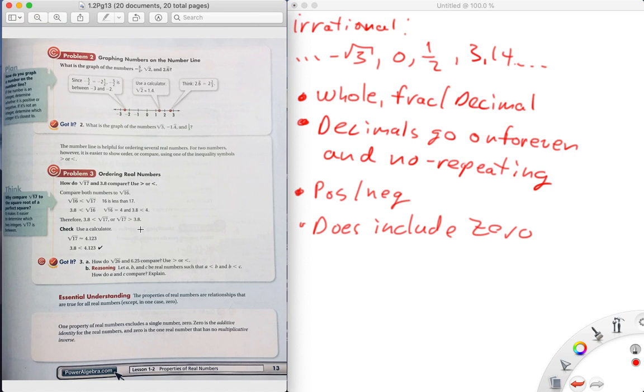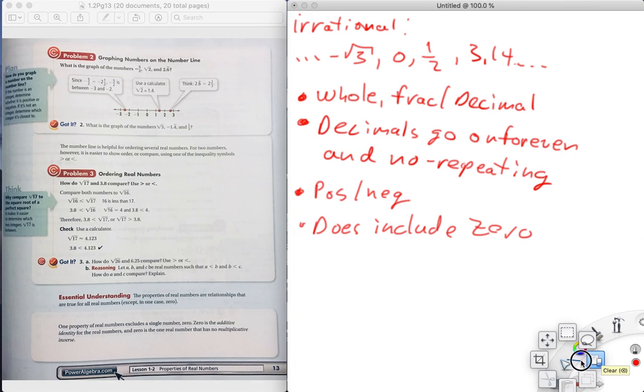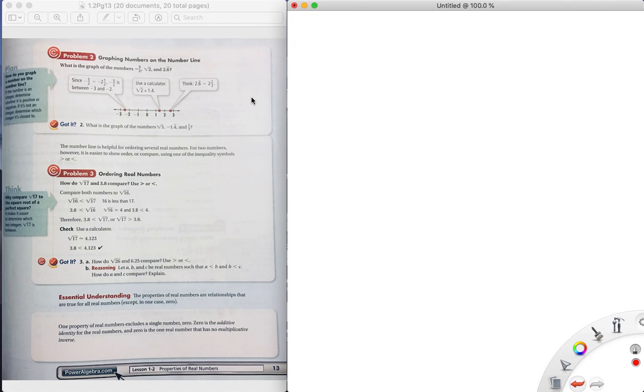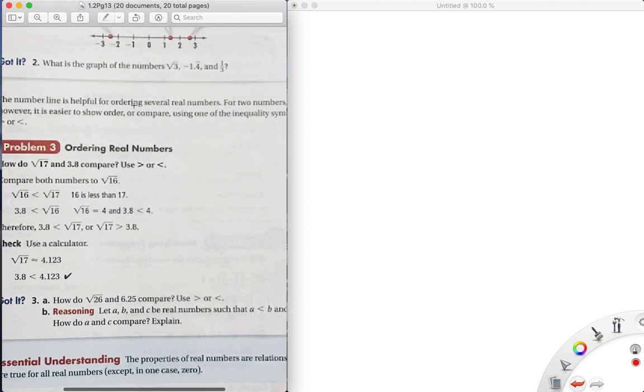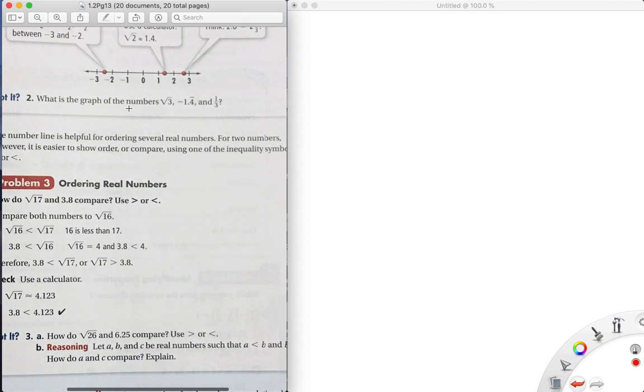So those are classifying numbers. Graphing them on a number line: I don't think I need to focus too much on this. I think you guys are pretty good at graphing on a number line. If I was to graph this, I have square root of 3, negative 1.4, and 1/3.